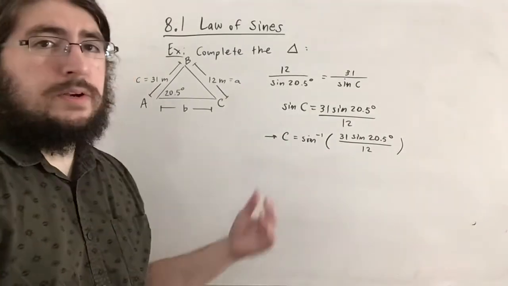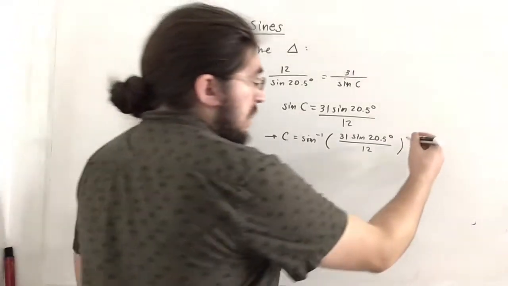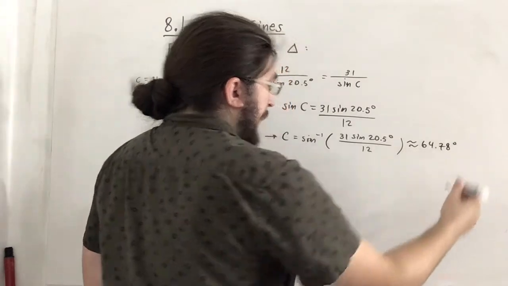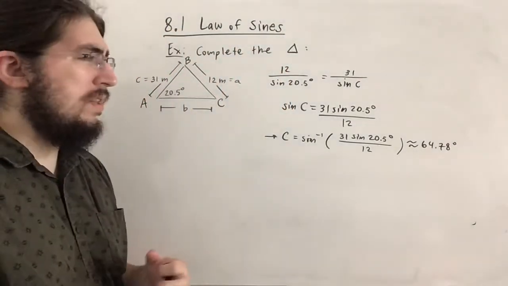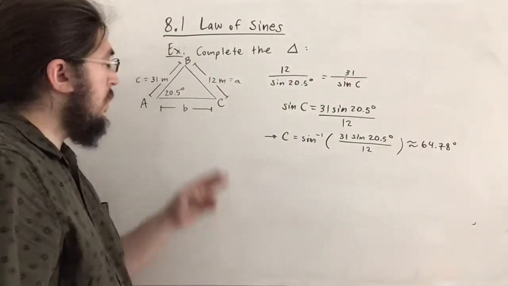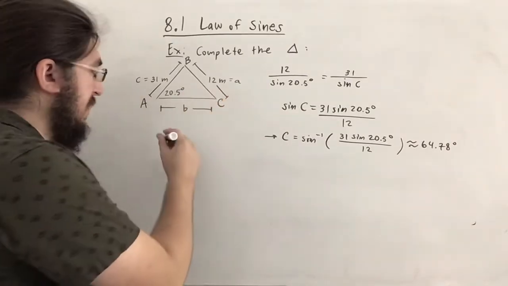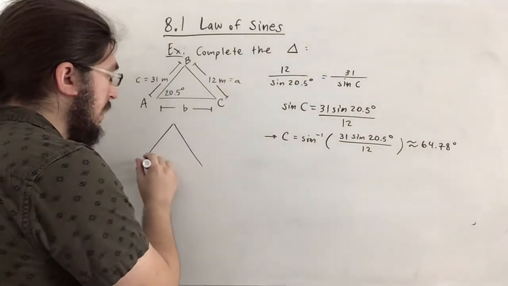All right, so my calculator is giving me about 64.78 degrees. And here's where we have a little bit of an issue. So we could replace this with 64.78 degrees. In fact, I'll do that down here, just to show you.